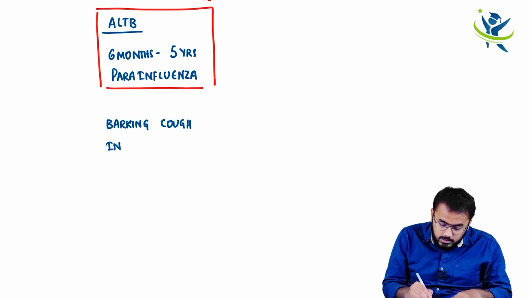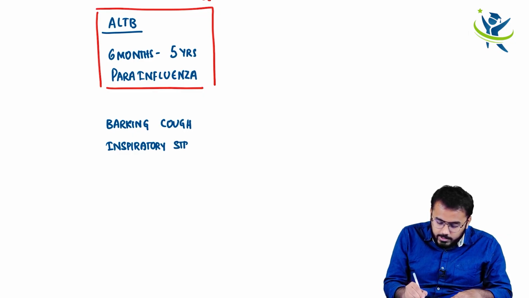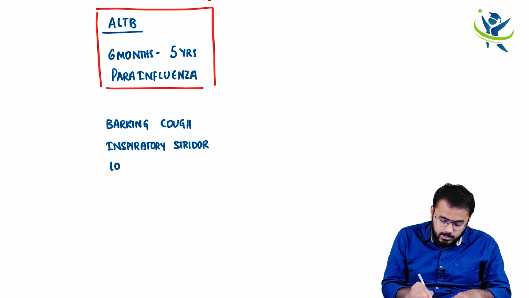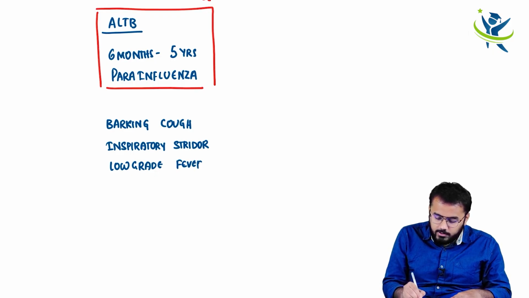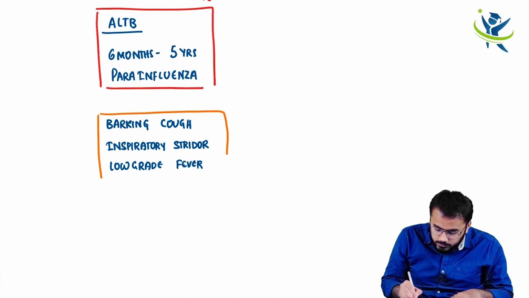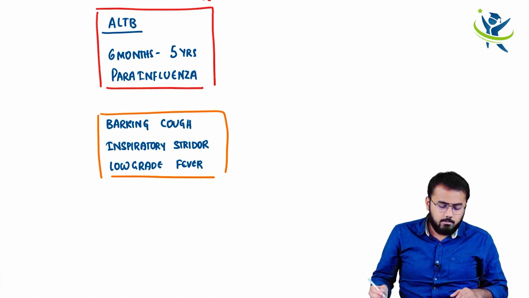Inspiratory stridor on auscultation. And obviously, guys, in these patients there is not much fever. Patients are going to have low grade fever. So this is the second important box which you need to keep in mind.